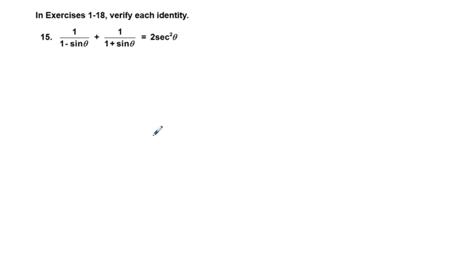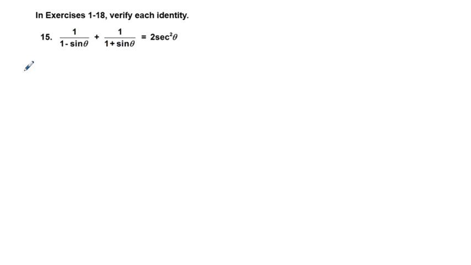Next, on problem 15, we have 1 over 1 minus sine theta plus 1 over 1 plus sine theta equals 2 secant squared theta. Well, let's go ahead and work this out and find a common denominator for this expression on the left.